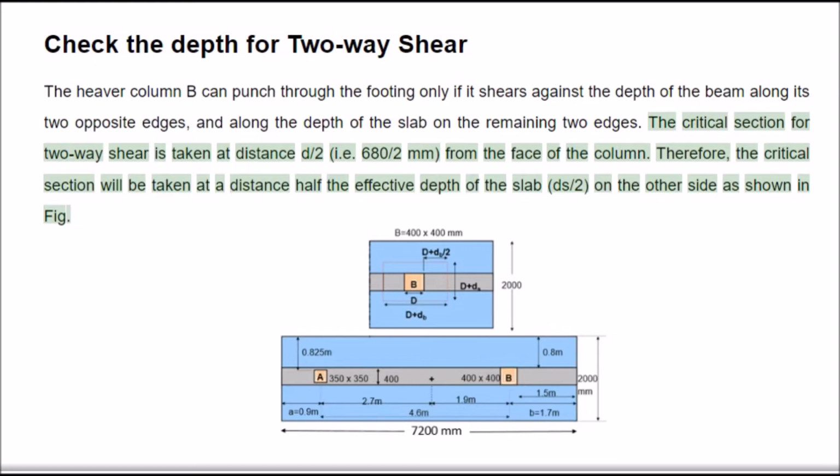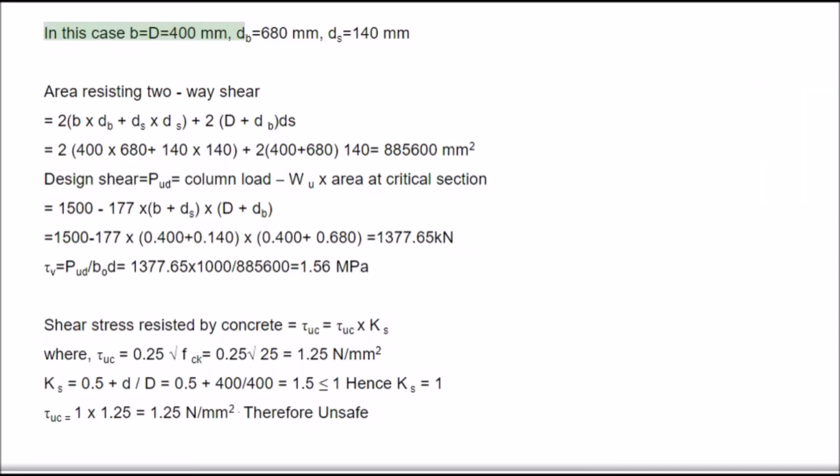Therefore, the critical section will be taken at a distance half the effective depth of the slab, ds/2, on the other side as shown in the figure. In this case b equals D equals 400 mm, db equals 680 mm, ds equals 140 mm.